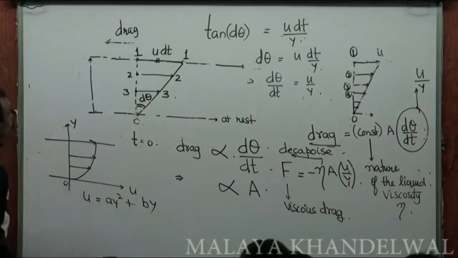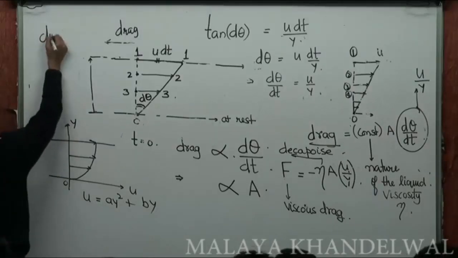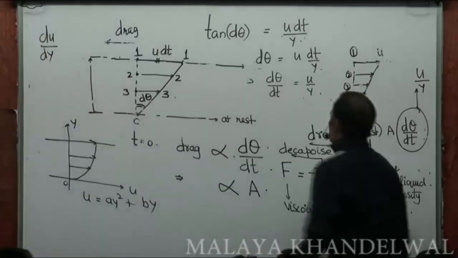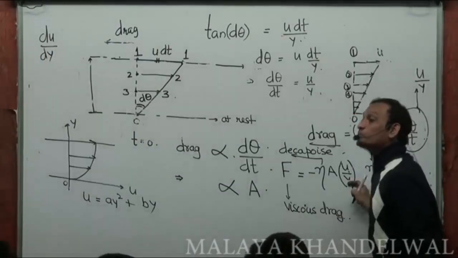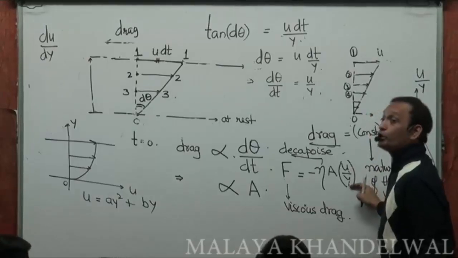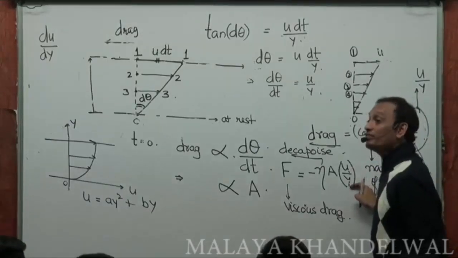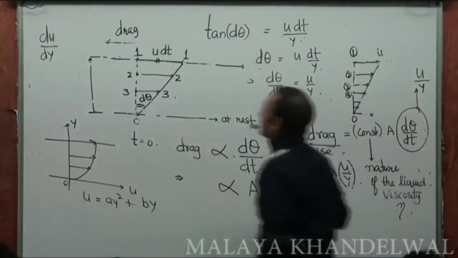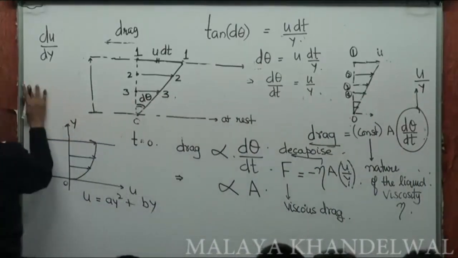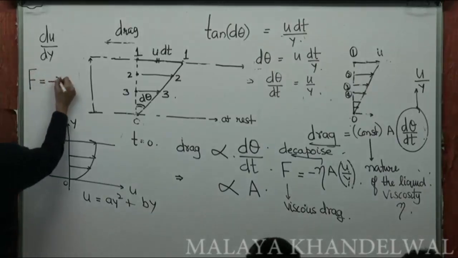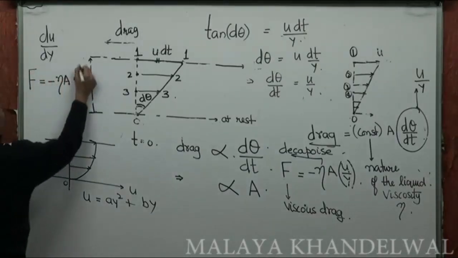Then the u by y that you have seen, the velocity gradient, would have to be replaced by du dy if the variation of u versus y is non-linear, right? So the viscous drag is then measured by minus eta A du dy.